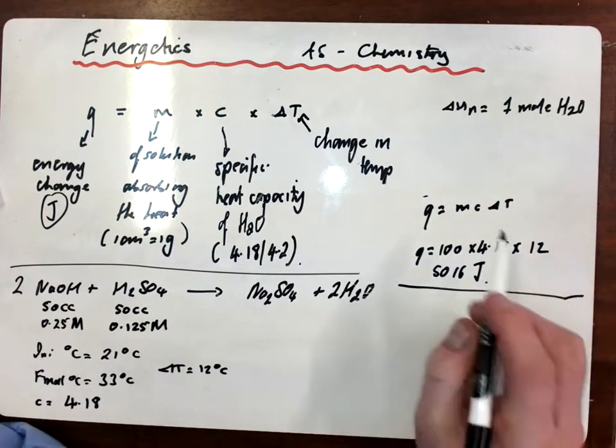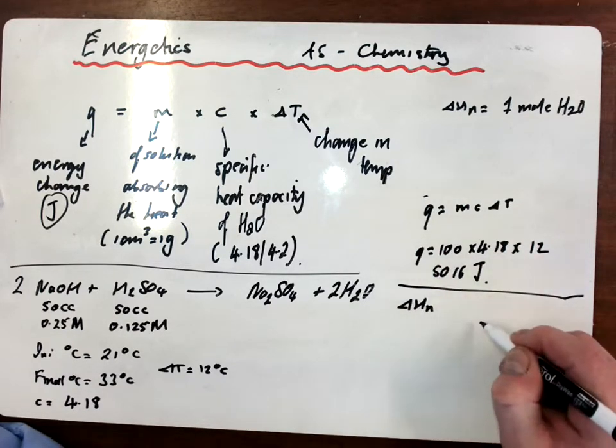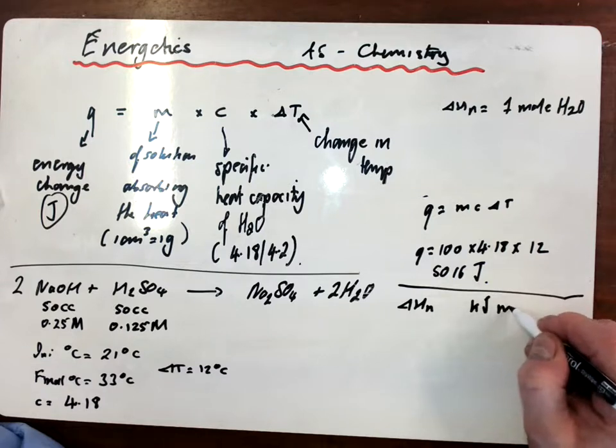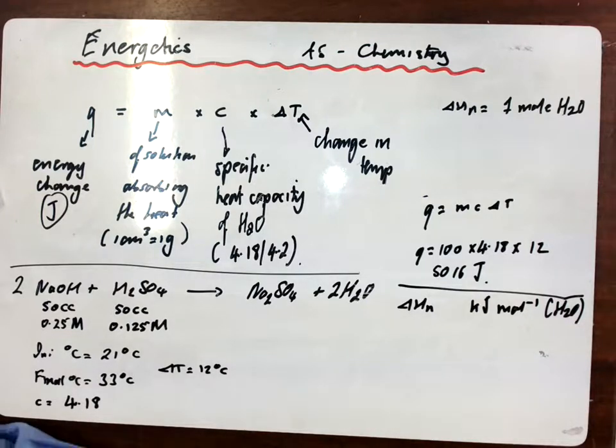Now they're going to ask us for the enthalpy of neutralization. Okay, so delta HN, which is going to be kilojoules per 1 mole, and that's going to be per 1 mole of the water. So how do I work that out?